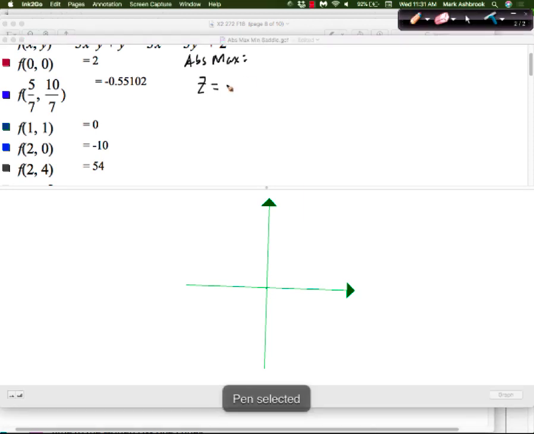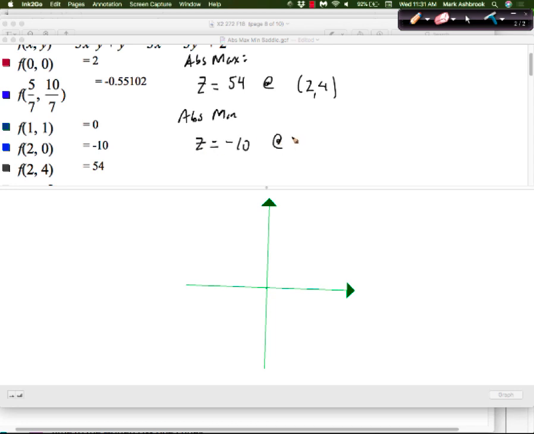And where does it occur? At x equals 2, y equals 4. You get a maximum of z equals 54. Absolute minimum? -10, which occurs at x equals 2, y equals 0. Any questions on that?